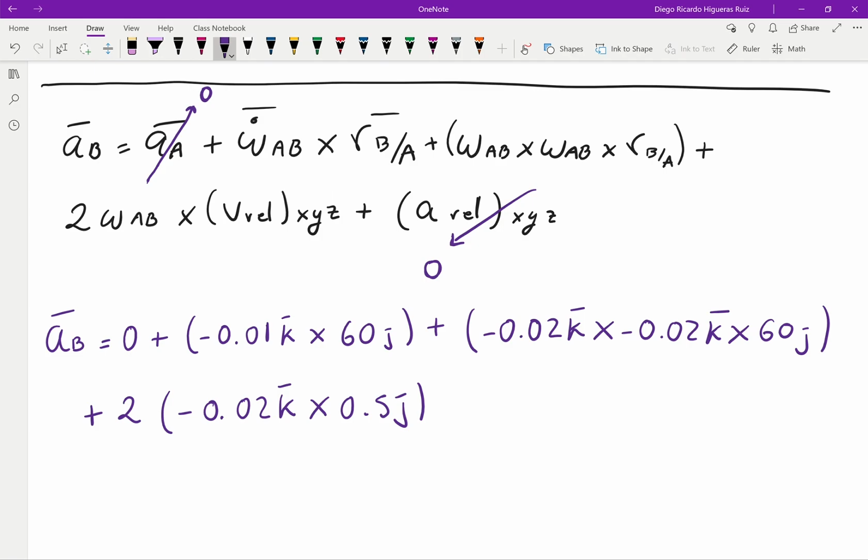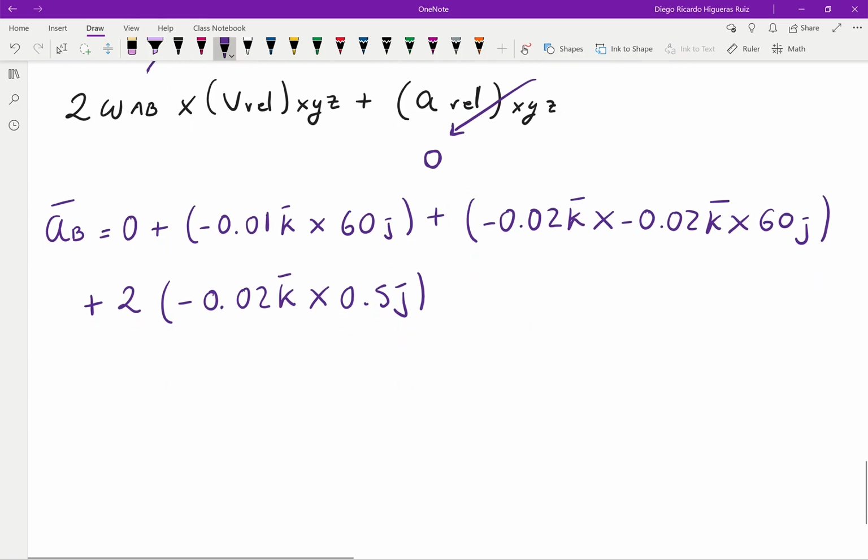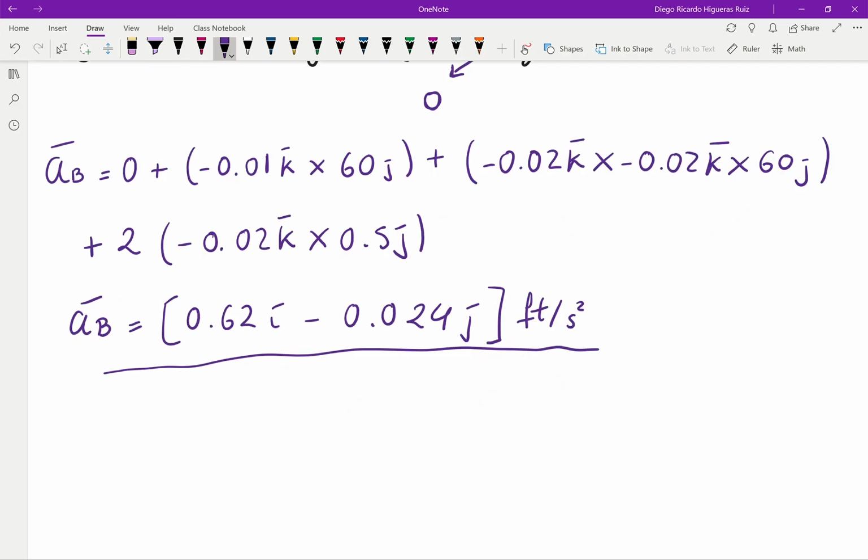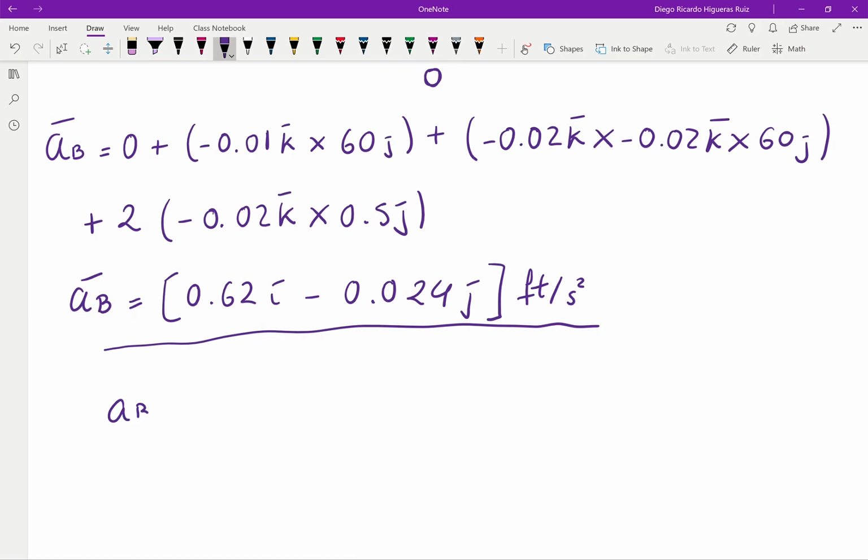All right, so we solve for this, and the acceleration at point B is equal to 0.62 i minus 0.024 j feet per second squared.